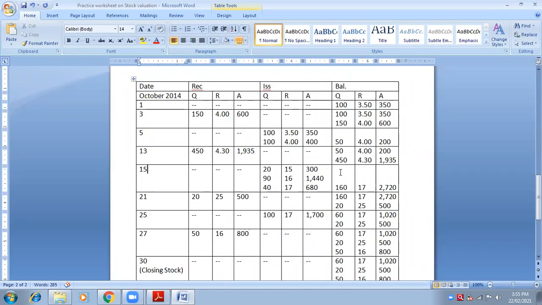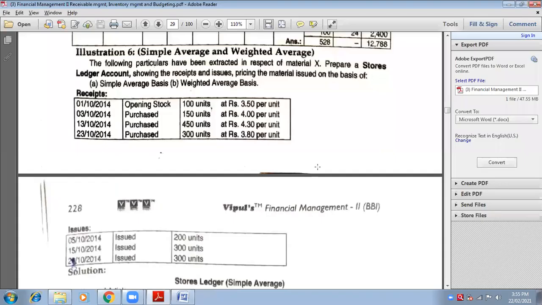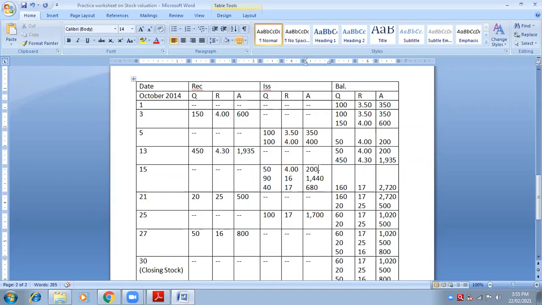300. But I need to check whether I have 300 units in the first slot, because this is the FIFO method. So in the first slot, how much do I have? 50 units. So 50 units I will take out first. So 50 into 4.00, it is 200. Now I wanted to issue 300 units, but I have issued only 50 units as of now.